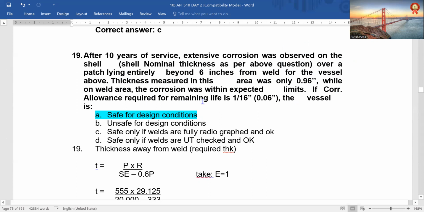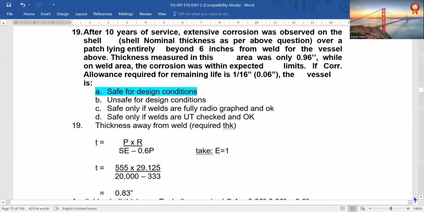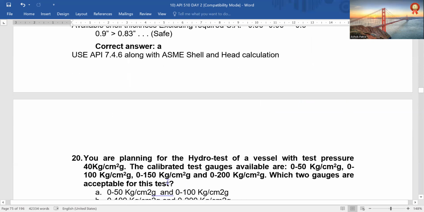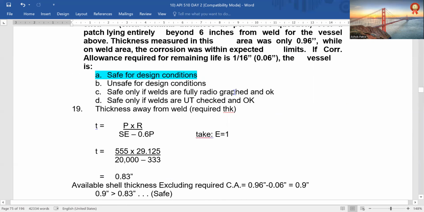If corrosion allowance required for remaining life is 1/6 inch, 0.06, the vessel is to calculate T for this pressure. So T is 0.83, which is great. So 0.96 is greater than 0.83. So it's okay. It is a safe design condition.